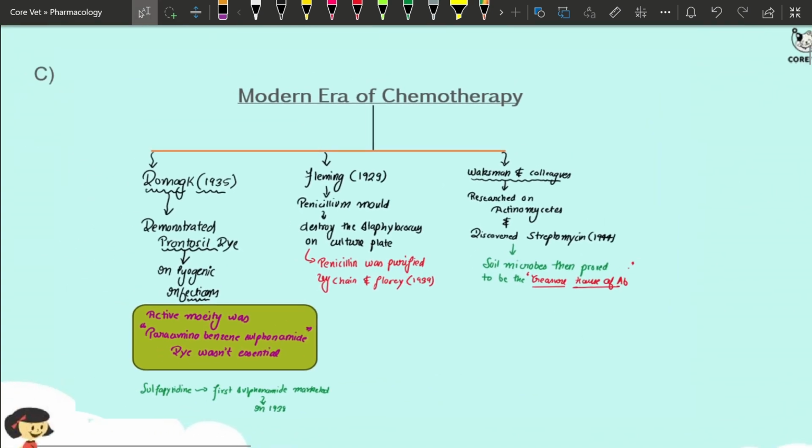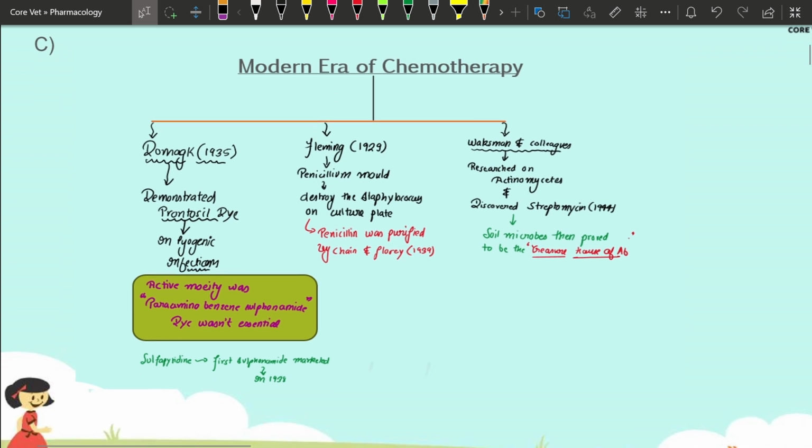Okay, so coming on to the modern era. In the modern era, you should know three scientists: Domagk, Fleming, and Waksman and his colleagues. Domagk used Prontosil to treat pyogenic infection. The active moiety in Prontosil was para-amino benzene sulfonamide, and the dye portion wasn't essential for the treatment of pyogenic infections.